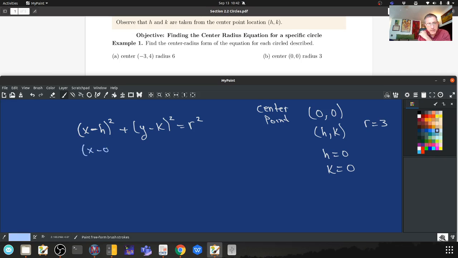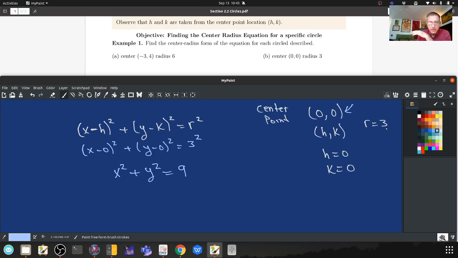X minus 0 squared plus y minus 0 squared is equal to 3 squared. All of this simplifies to x squared plus y squared is equal to 9. So if I were to draw a Cartesian plane, this would be a circle centered right at the origin, because remember this is the origin, of radius 3.